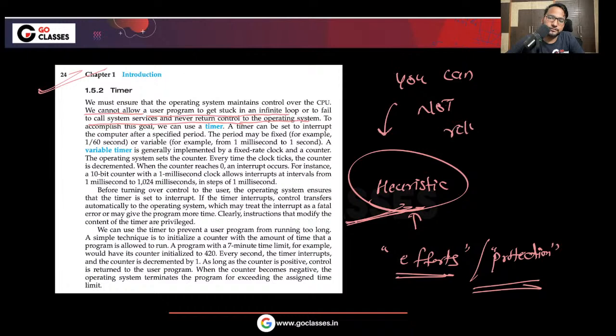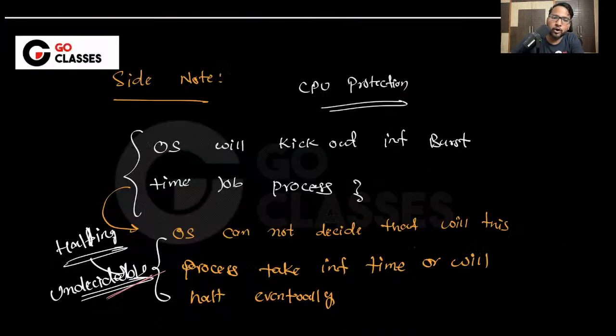This was just a side note, because some students are saying the OS will kick out the process, but it won't happen. I hope you got it.